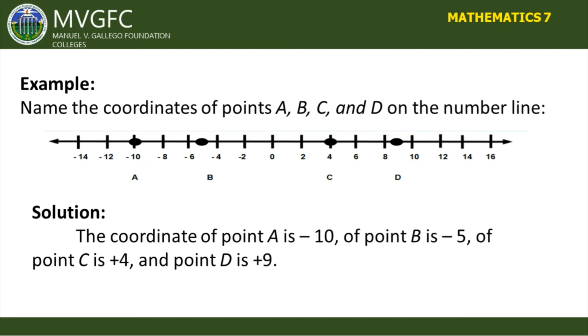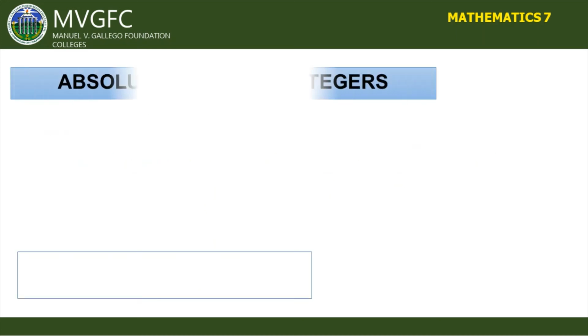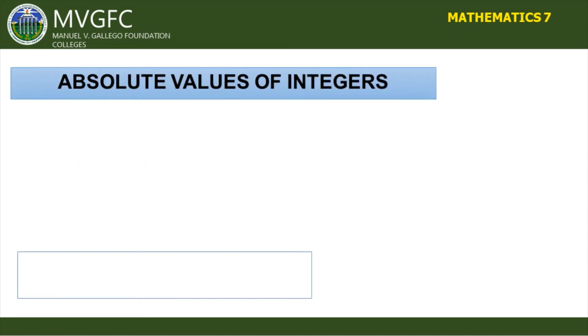Then point B is on -5. Point C is on +4, and point D is on +9. Okay, so that's how we can name the coordinates of our points on a number line.